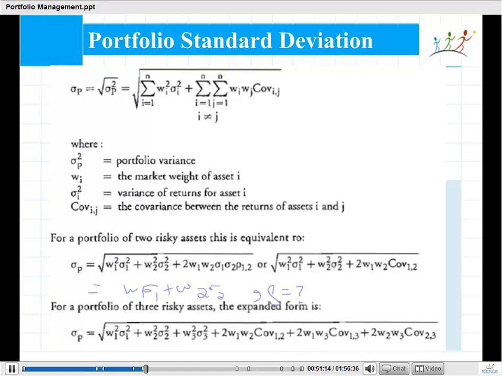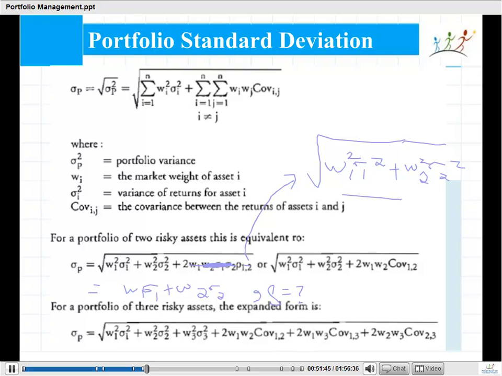If correlation is 0, this will become W1 sigma 1 square plus W2 sigma 2 square. Is this equal to W1 sigma 1 plus W2 sigma 2? If correlation is 0, then this term will go away. It will just become this. This is not equal to W1 sigma 1 plus W2 sigma 2.